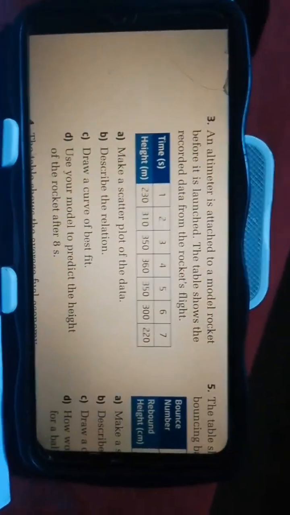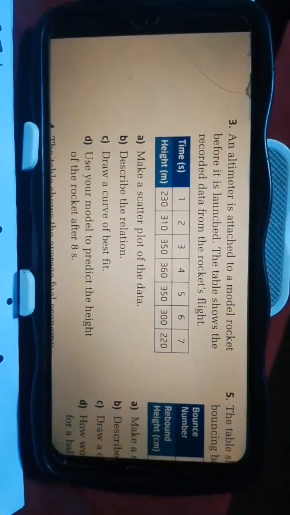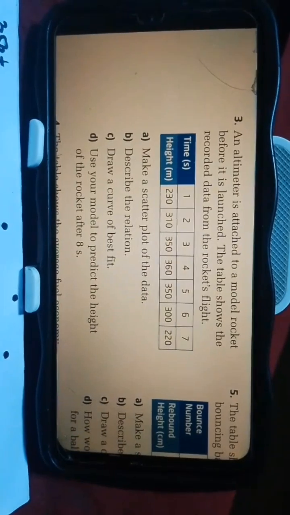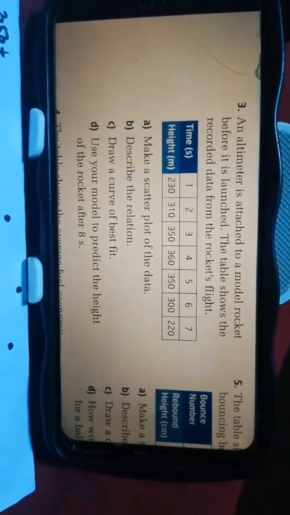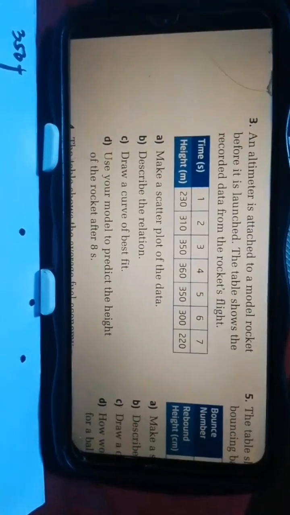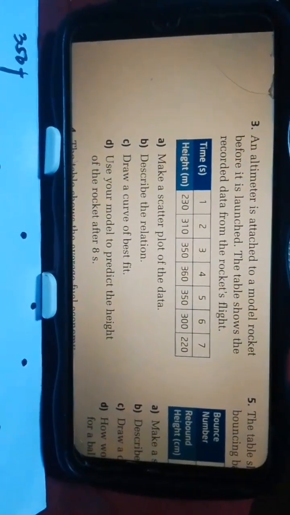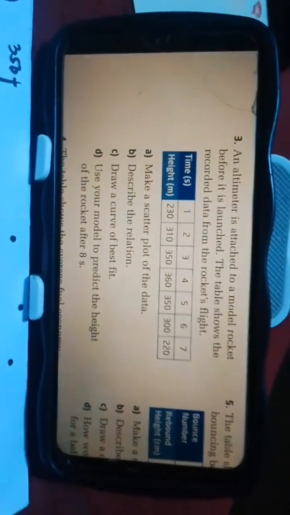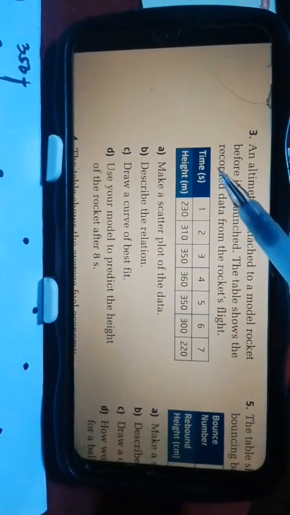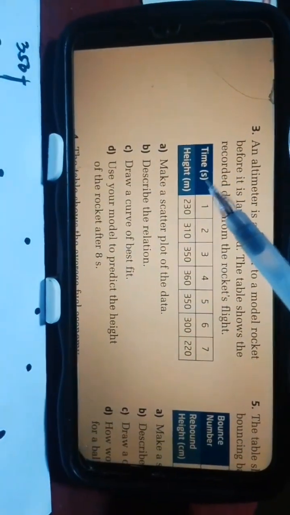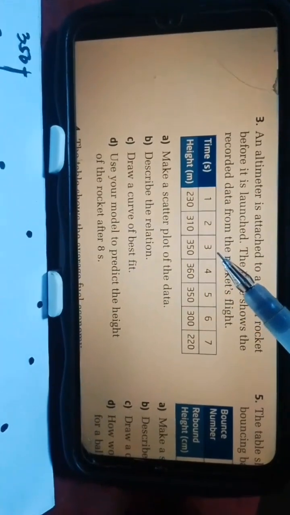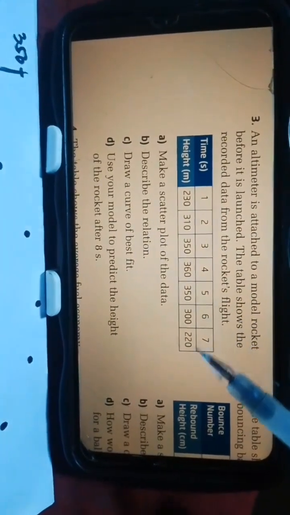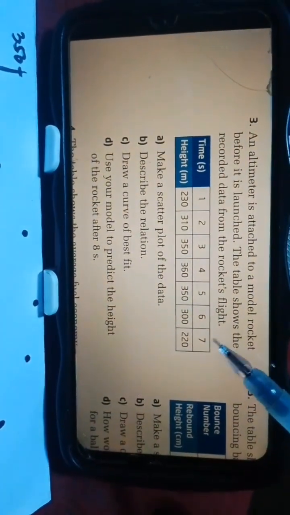Now we have number 3. An altimeter is attached to a model rocket before it is launched. The table shows the recorded data from the rocket's flight. We have time in seconds: 1, 2, 3, 4, 5, 6, 7 seconds.